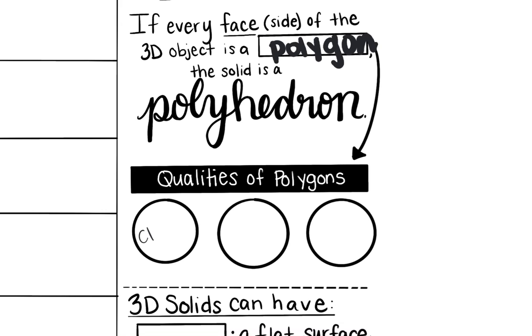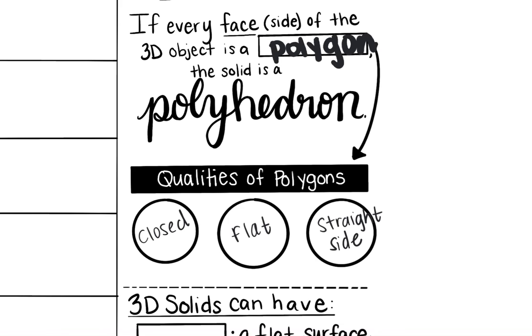First, that it's a closed shape, that it's flat, and that it has straight sides. So if one of the faces is a circle, you can say that that's not a polyhedron. Just making it clear right off the bat, if one of the sides of your 3D shape has a circle or a curve, that is not a polyhedron.